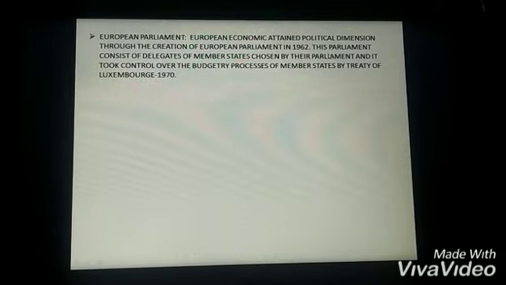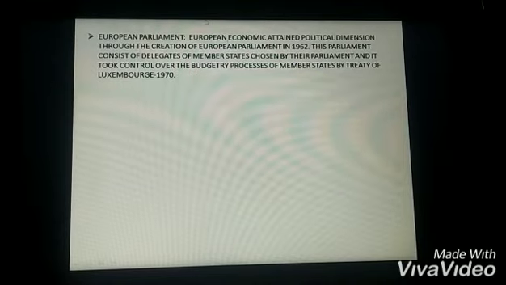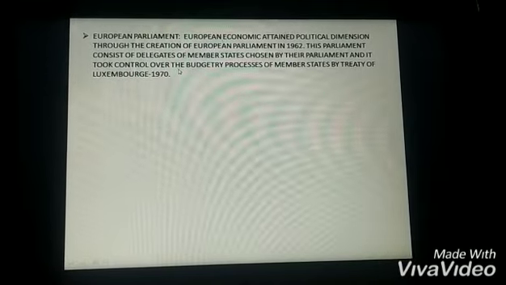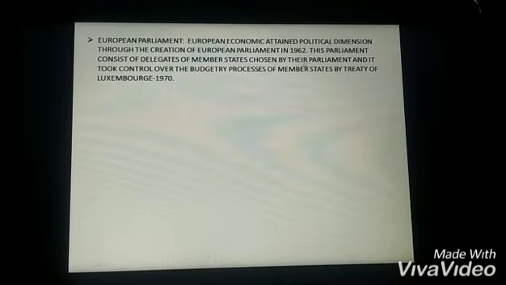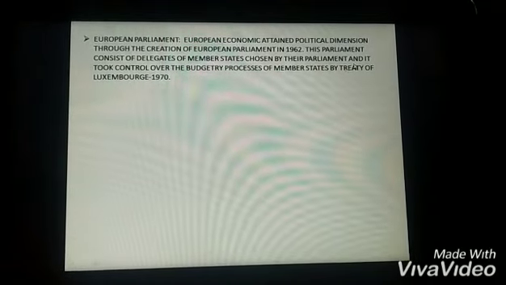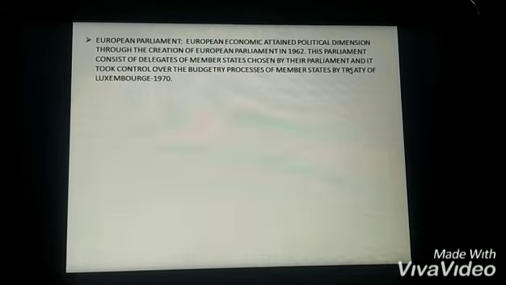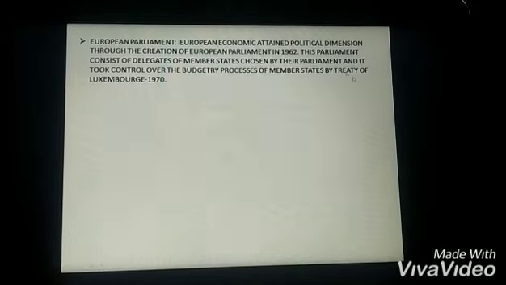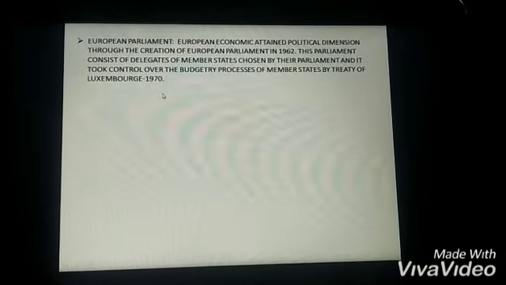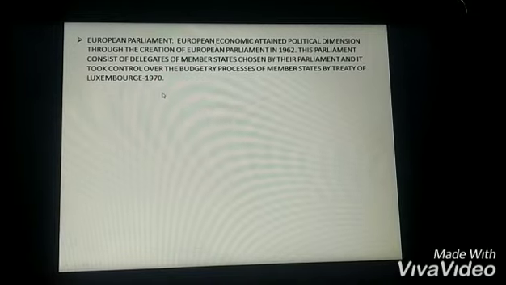This parliament was composed of the delegates of the member states, chosen by the parliaments of their own countries. And then slowly this parliament took over the control over the budgetary process of the member states through the Treaty of Luxembourg in 1970. So that was the European Parliament.